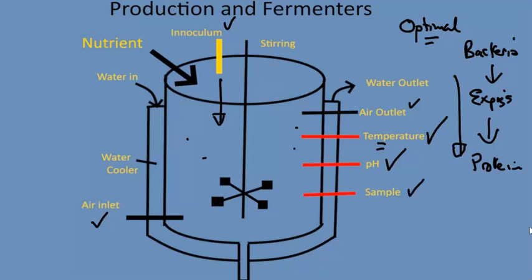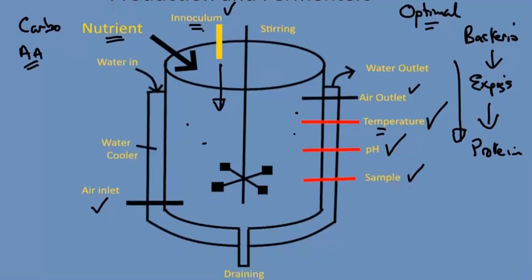The bacterial cells in the inoculum are provided with nutrient, and of course an important part of that will be a source of energy in the form of carbohydrates, but also amino acids appropriate to the synthesis of insulin. When the production is complete, this is drained from the fermenter, and we would then end up with a mixture of the bacterial cells, the various components provided to the bacterial cells, and of course the product itself.